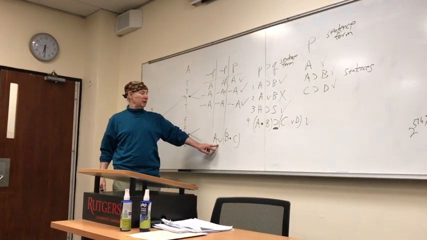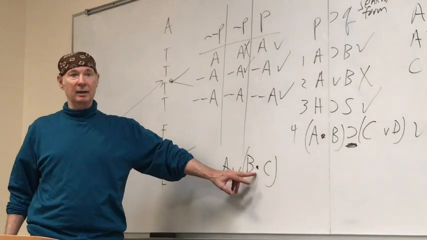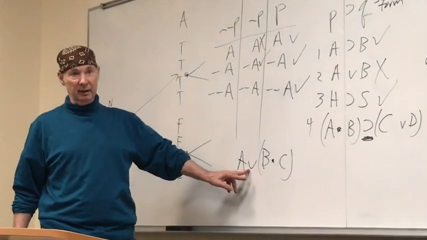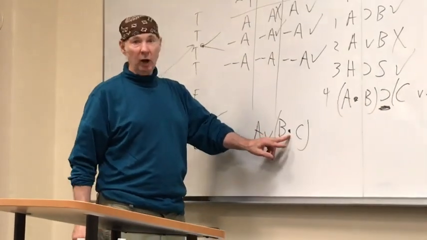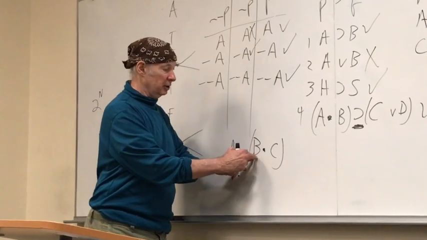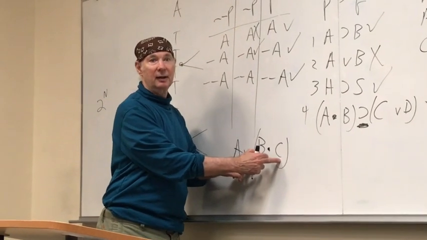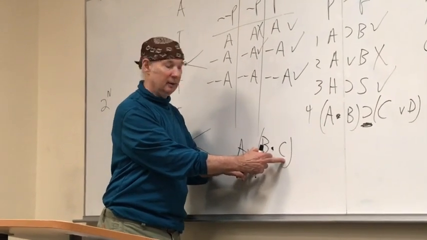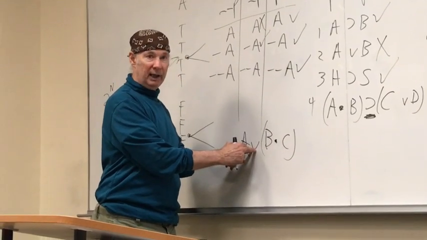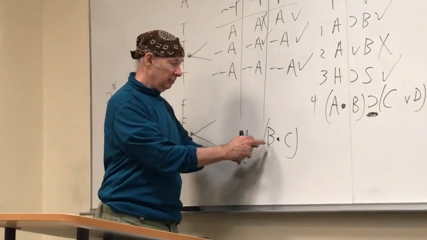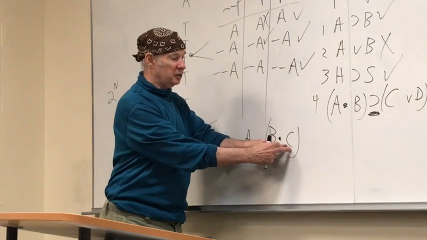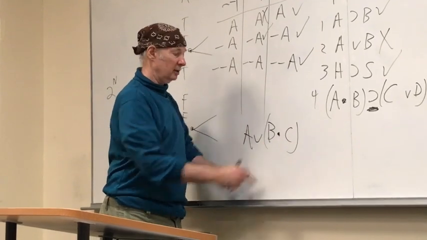This truth function has larger scope than the dot because it's the last thing we did. Within the scope of the dot are just the symbols B and C. That's the scope. Within the scope of the wedge are the symbols A, B, dot, C, and the parentheses.